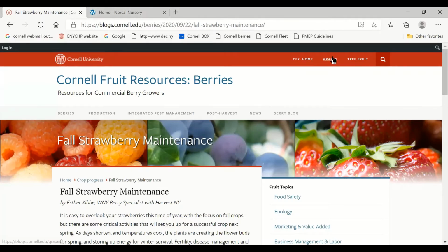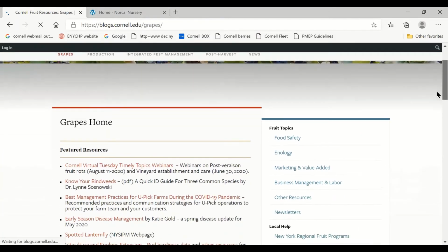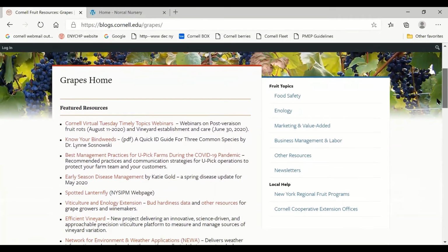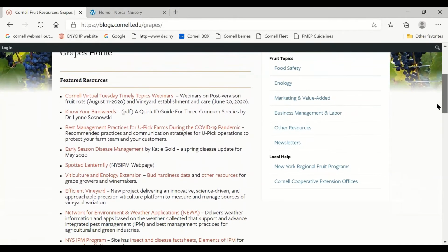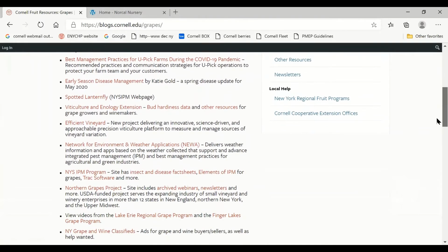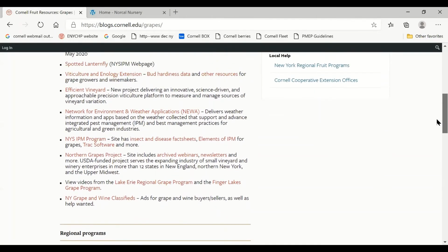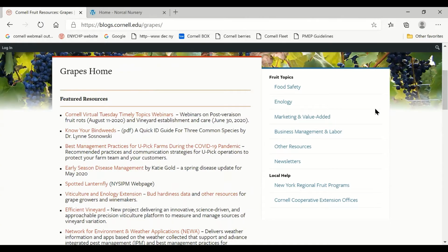So let me go to grapes just so that you can see what's there. And this is the grape website. There are some recorded webinars that, if you're a super grape person, you might want to listen to. Just because they're oriented towards commercial growers does not mean that you can't access them. It's all here. But you should realize that sometimes they'll be talking about topics and management tools that are not available to you if you don't have a pesticide license.